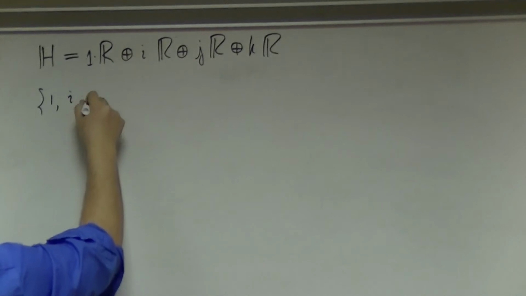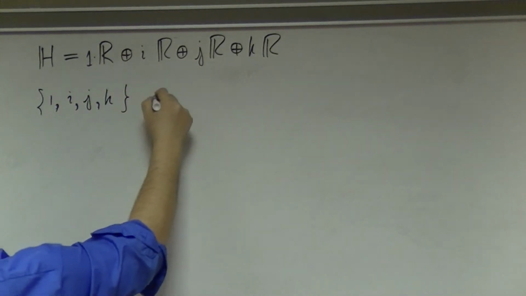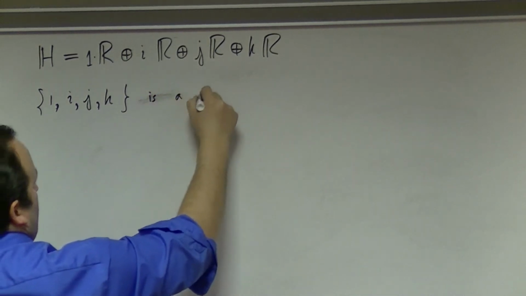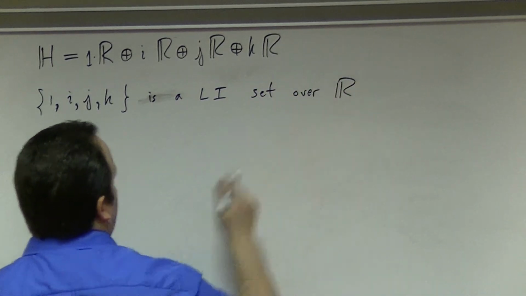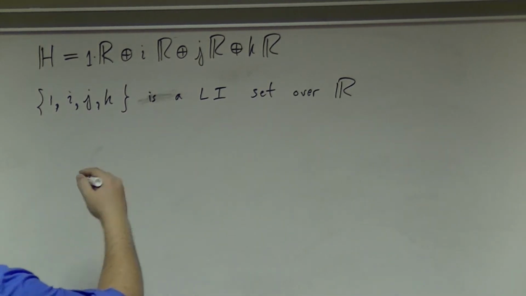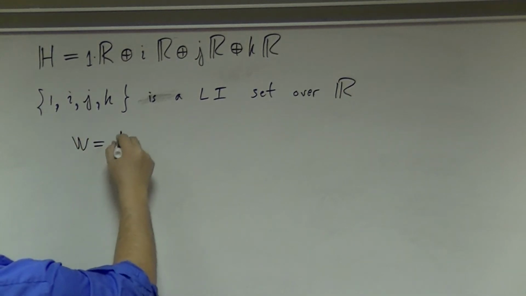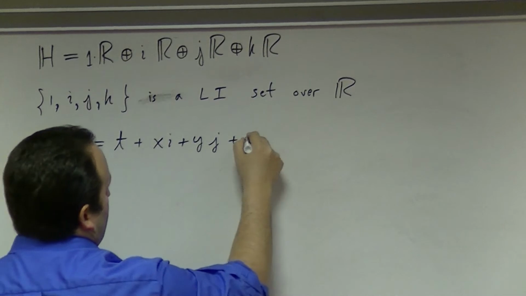These 1, i, j, and k are a linearly independent set over the reals. There are different ways you could construct those things in terms of matrices or whatever, but formally speaking, a typical quaternion looks something like w equals t plus xi plus yj plus zk.